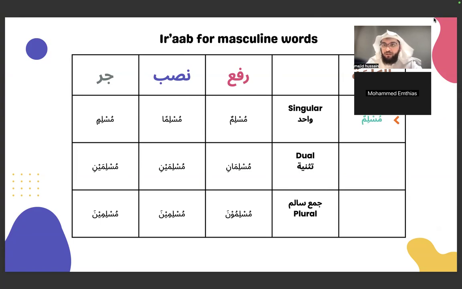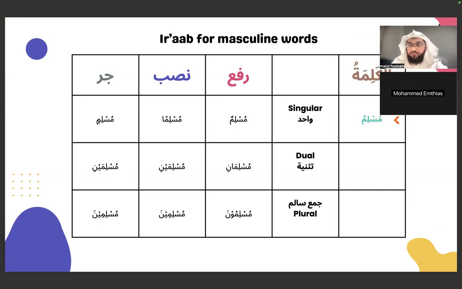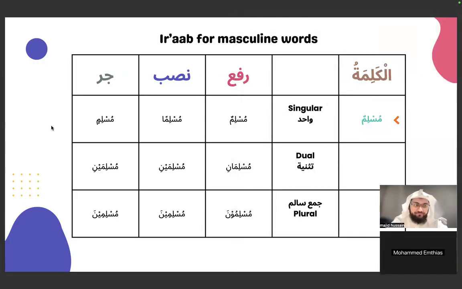Right. Now, I'raab is divided into three categories. First category is known as Rafa. Second category is known as Nasab.